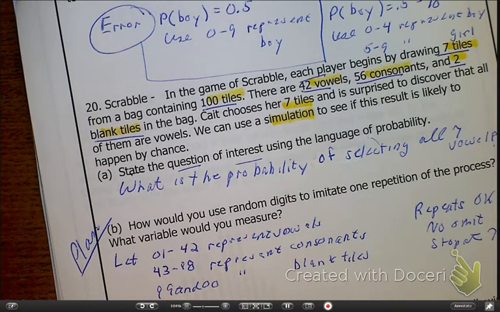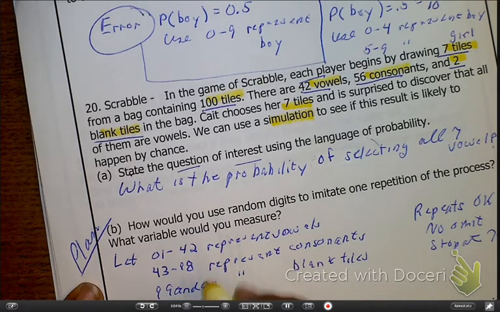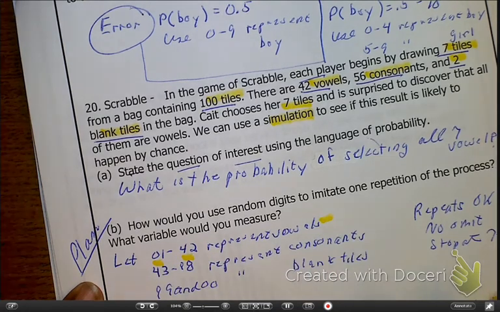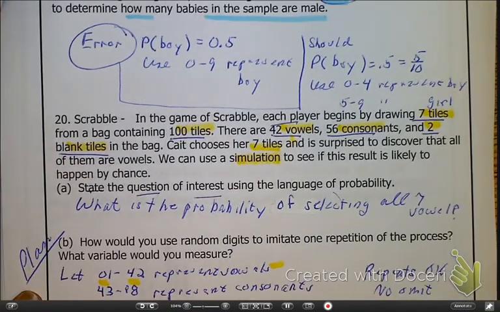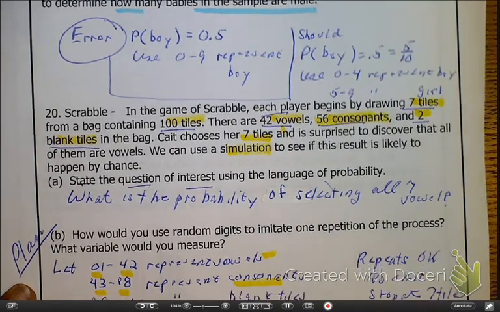Okay, so first of all, to represent our vowels, I'm going to let the numbers 01 to 42 represent the vowels, because we said up here there's 42 vowels. Then I'm going to have the numbers 43 to 98 represent the consonants, because as you can see right there, we have 56 consonants.